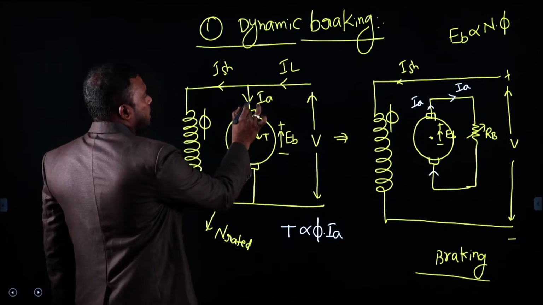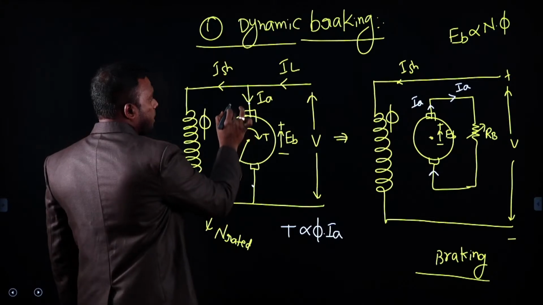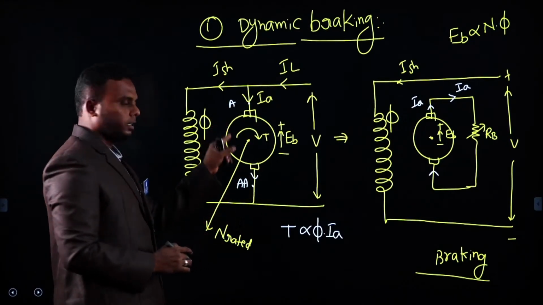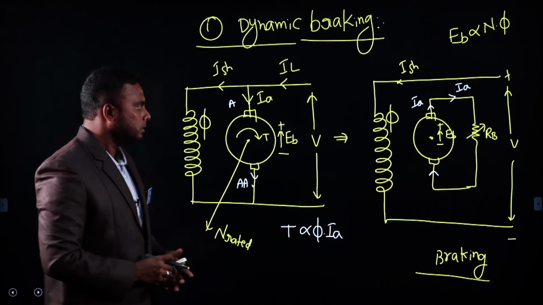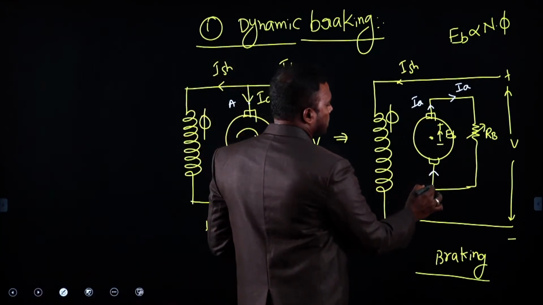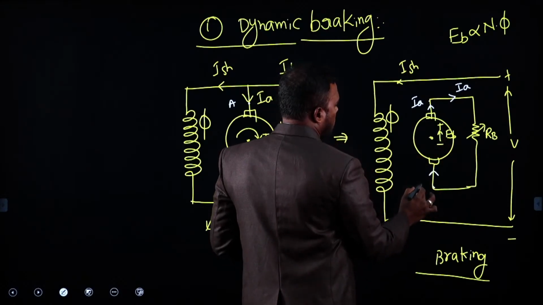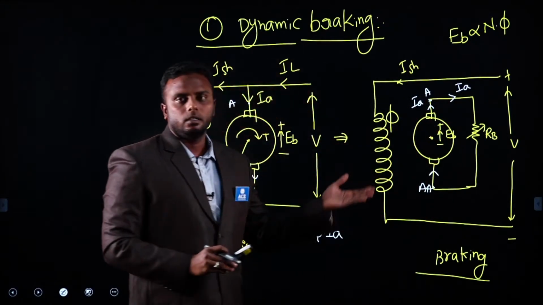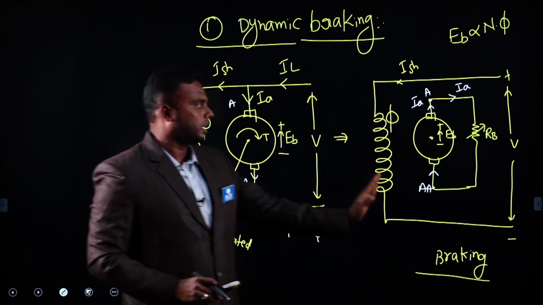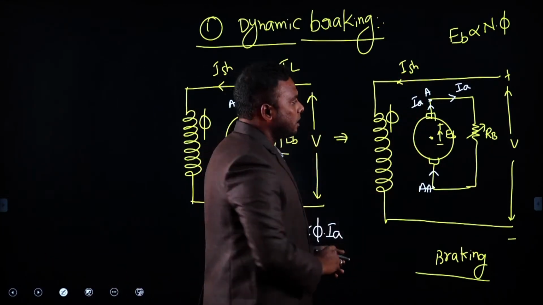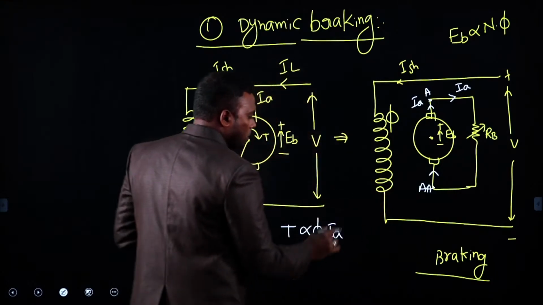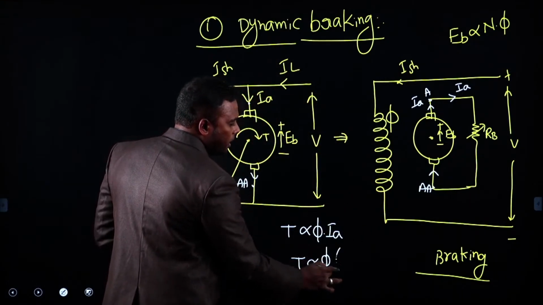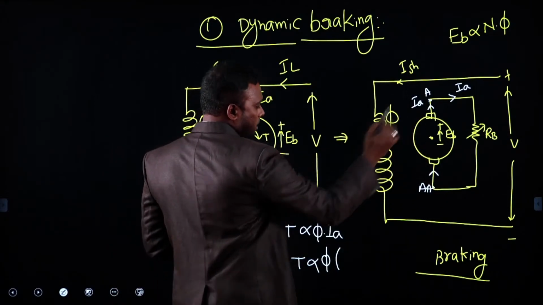Previously the armature current was moving in the downward direction, from terminal A to A. But now the armature current is reversed. It is moving from terminal A to A in this direction. As armature current reverses, what happens to torque? Torque is proportional to flux, which is the same, but IA becomes minus because it is reversed.